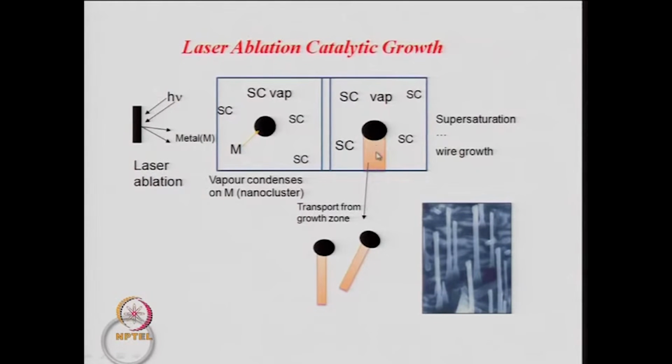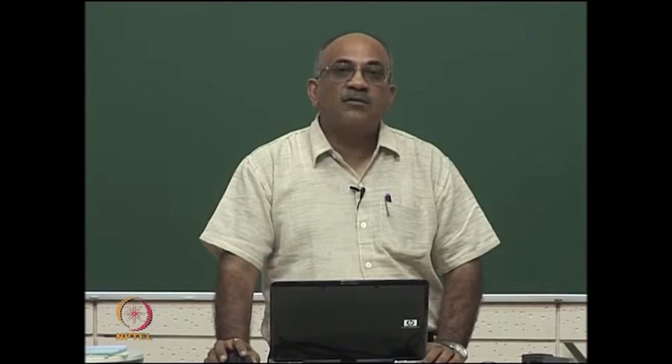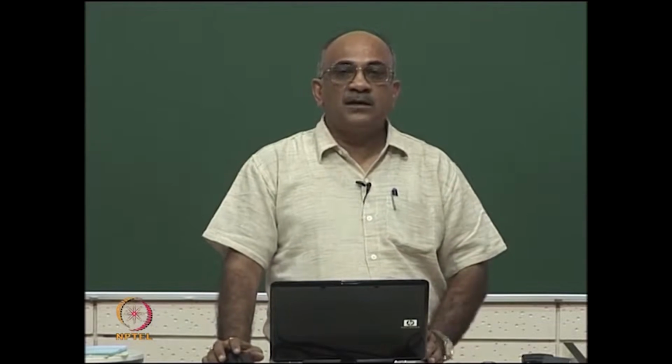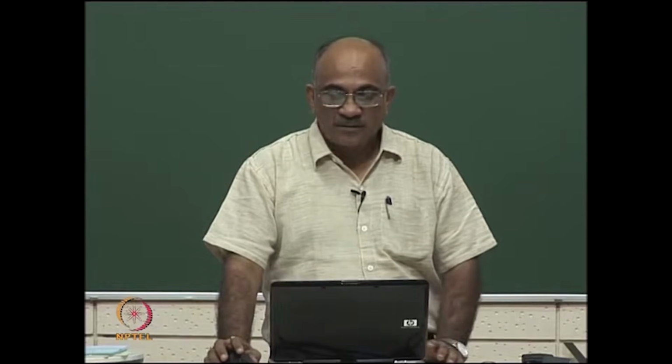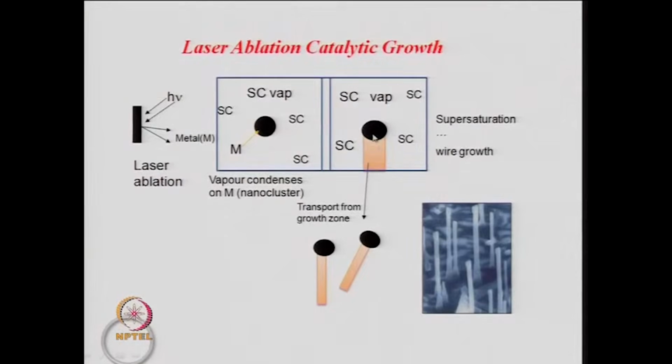Then you have to have a mechanism by which you remove these wires away from the growth region. So, these nanowires of the semiconductor with the metal on the tip, this is called tip oriented growth, tip mediated growth of nanowires.